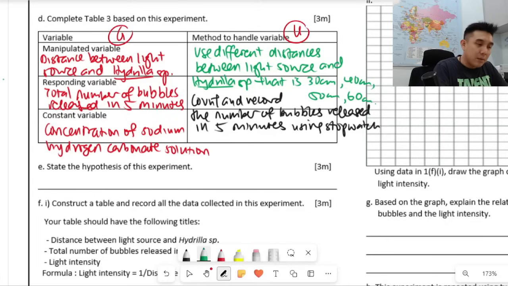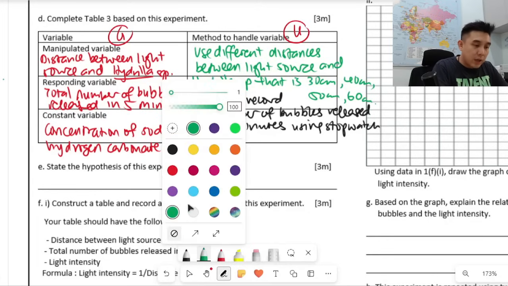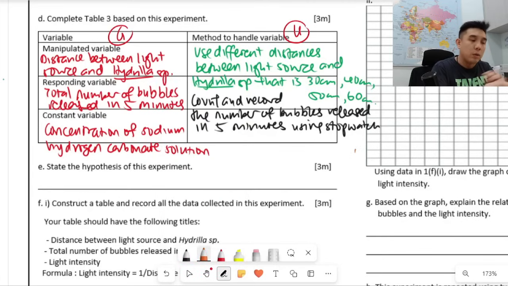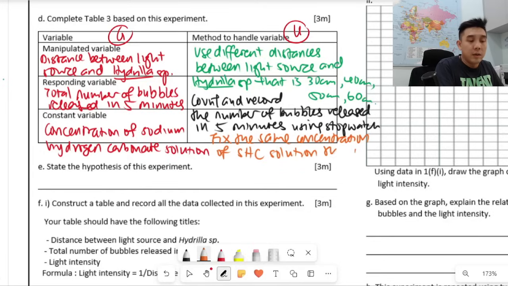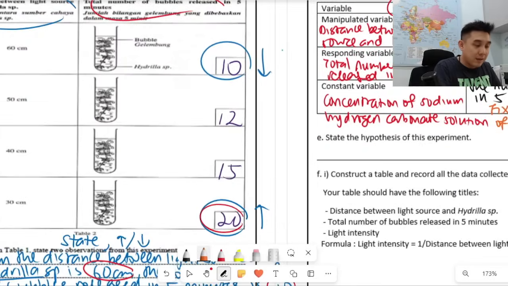Dan akhir sekali, bagi cara untuk mengawal, pemboleh ubah dimalahkan. The way to control constant variable, guys, fix the same concentration of sodium hydrogen carbonate solution, that is, okay, quick check, that is 2%, right?